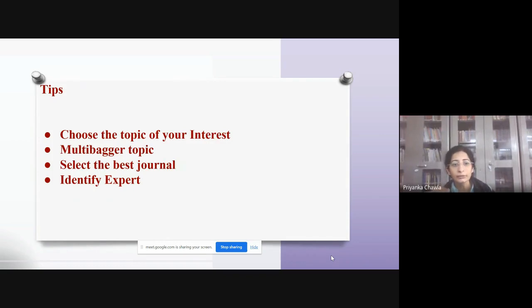So what are the tips given to you? You should identify the expert who helps you in each and every step. And this process is also required. Experts are not easily available, because sometimes experts are already engaged in some work, or they charge for that, to be very frank.